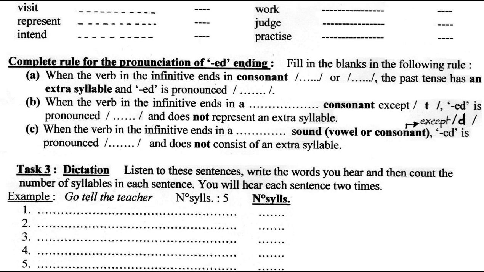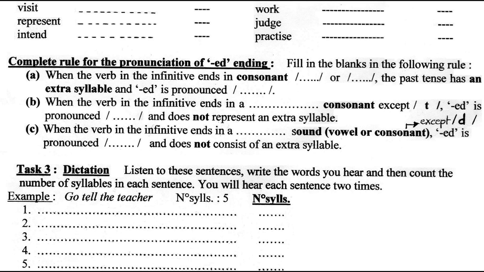B now. When the verb in the infinitive ends in a voiceless consonant. What do we mean by voiceless consonant? Voiceless means a sound where, when we produce it, there is no vibration of the vocal cords.